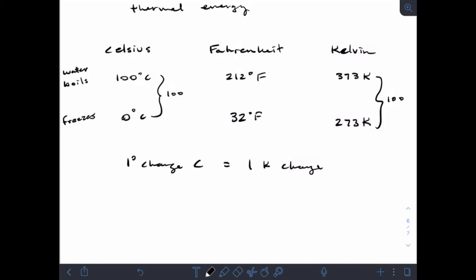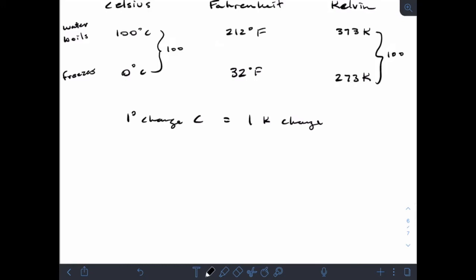All it is is shifted by 273. So our conversion between Celsius and Kelvin is a simple one. So temperature in Kelvin equals our temperature in Celsius plus 273.